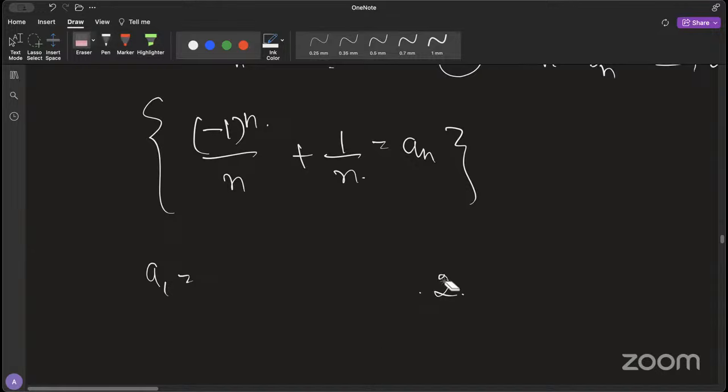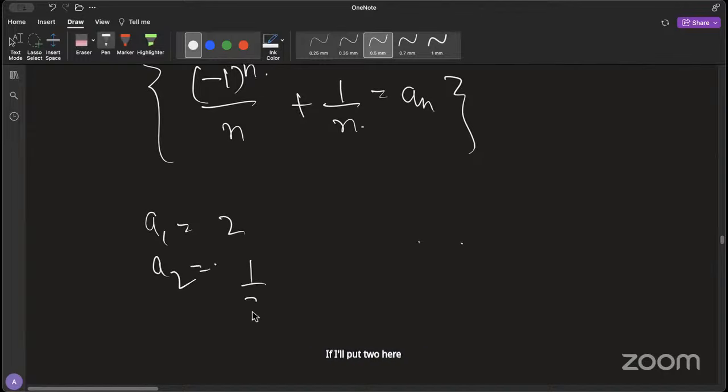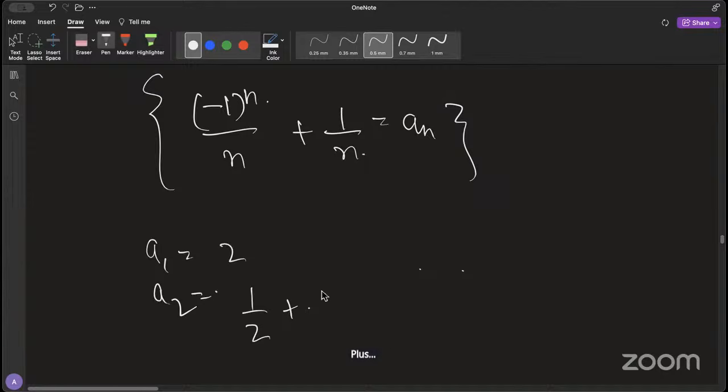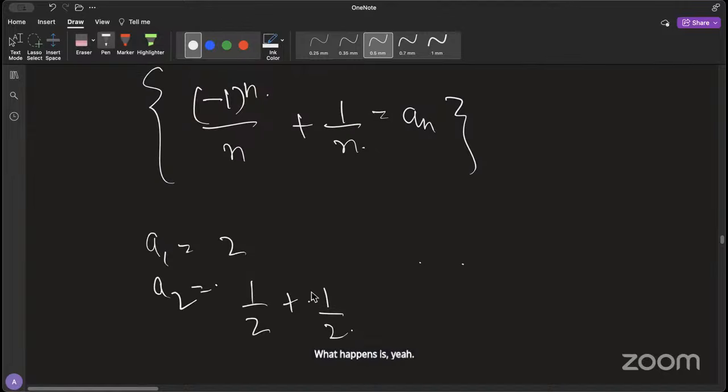So your first term will be 2. Then your second term will be, if I put 2 here, I'll have 1 by 2 plus, we have a 2 here, so this will be 1 by 2, right? Ma'am, what happens is, yeah, I think A1 should be 0. You have 1 here.